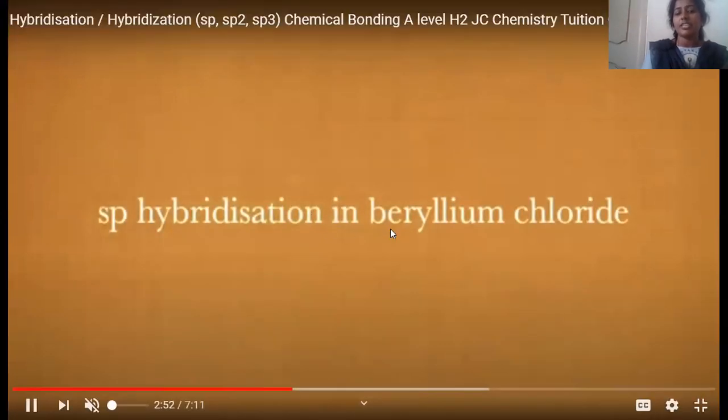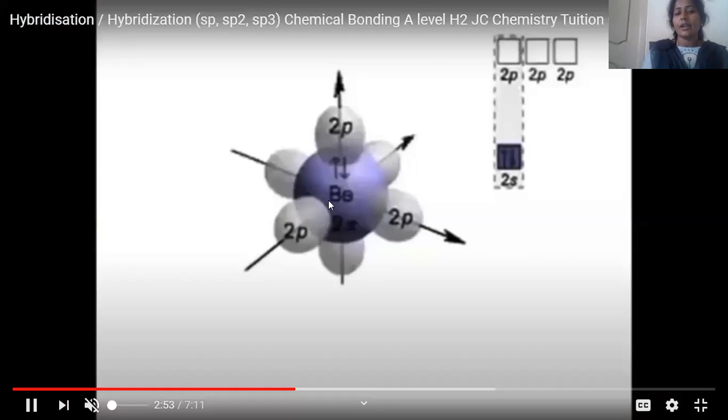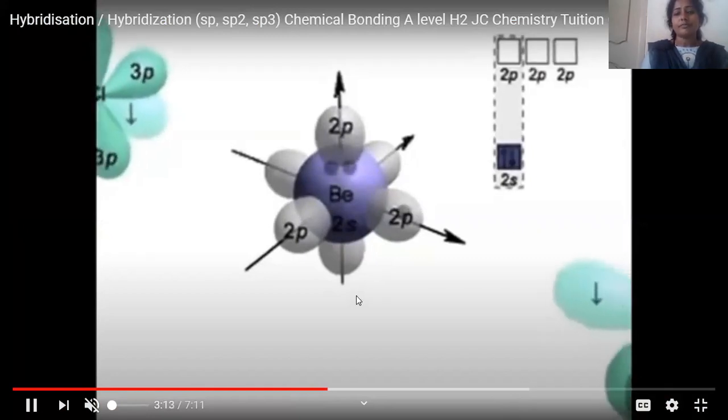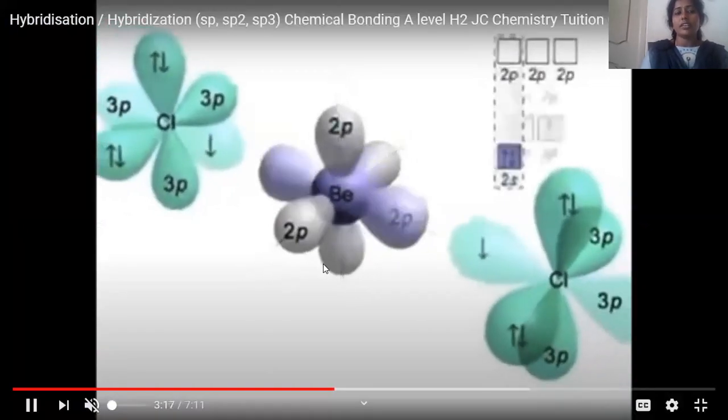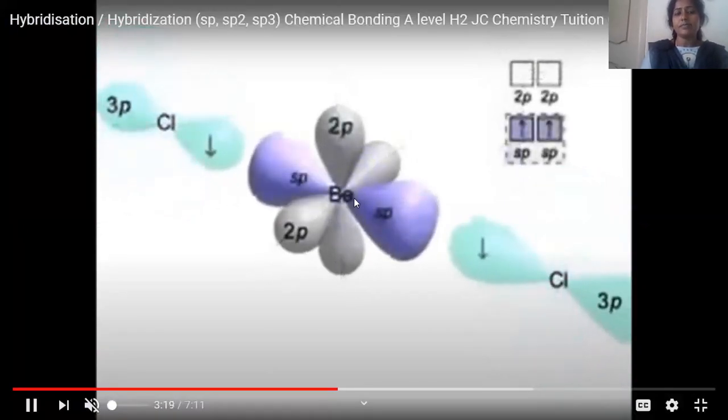Sp hybridization in case of beryllium chloride. Beryllium is having 2s2 electronic configuration. When we excite the electron, 2s1, 2p1 formation is possible finally. And these 2s1, 2p1 electrons get mixed and there is a formation of interlinked molecule like this here.